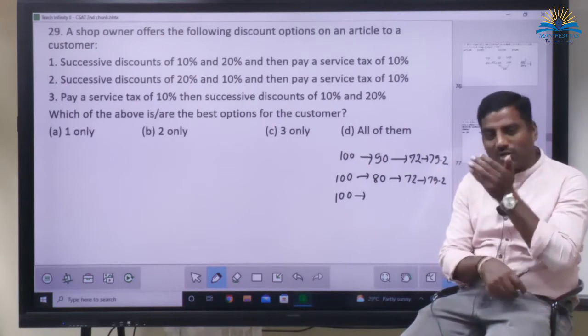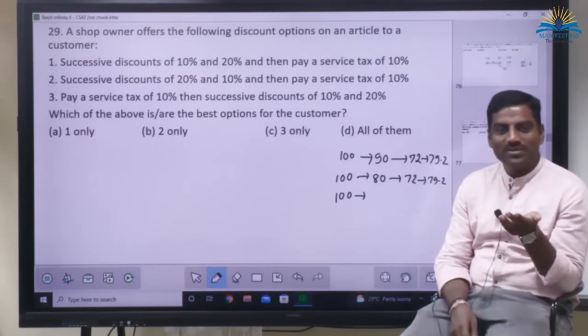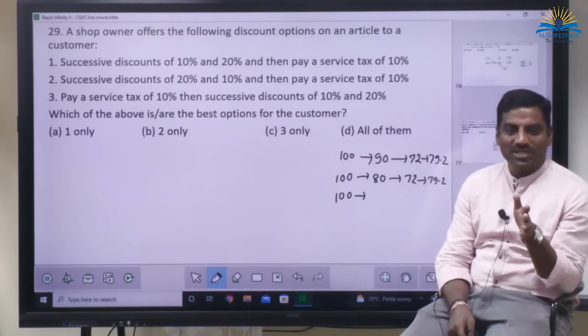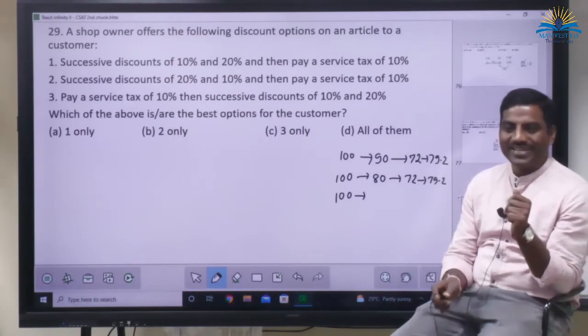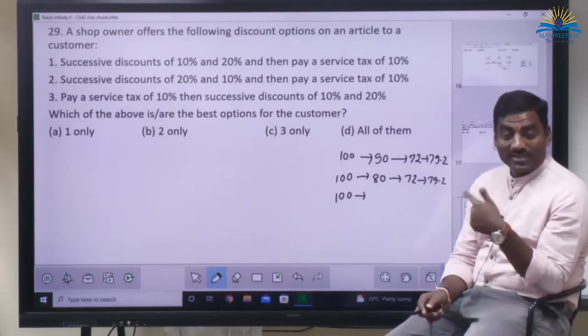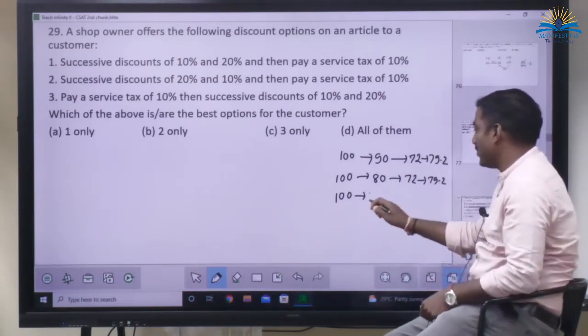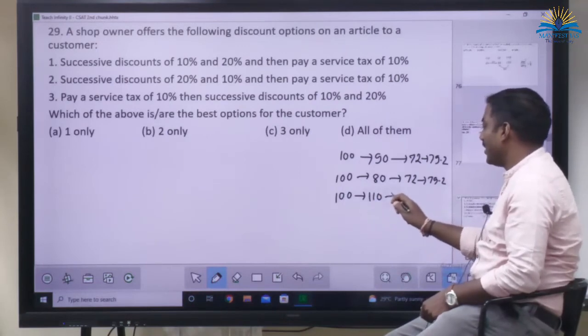Tax you will pay, or the shopkeeper will pay to you? You have purchased some goods worth rupees 100 and tax is 10%. How much will you pay? 90 or 110? 110. It is not a discount. That is why I told you this is a negative tax. Discount is negative tax. So it will become 110.